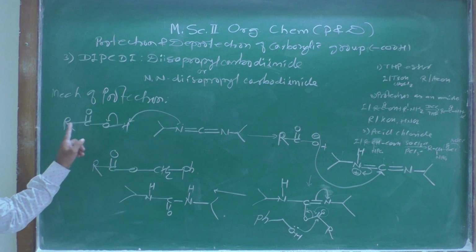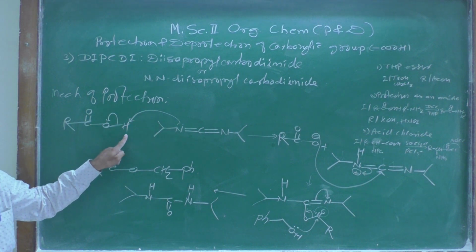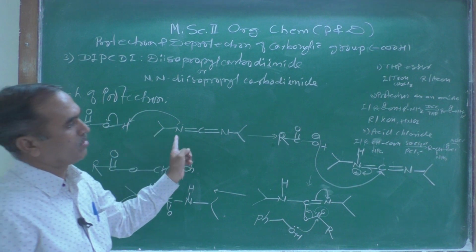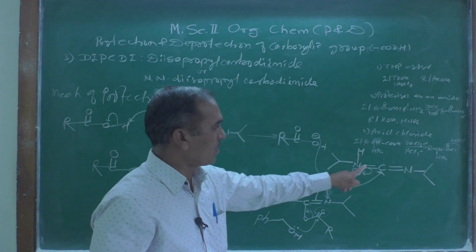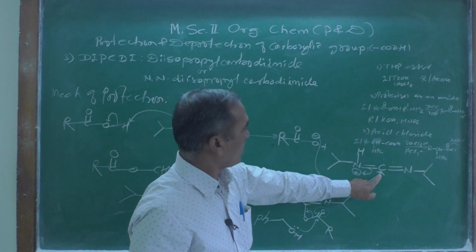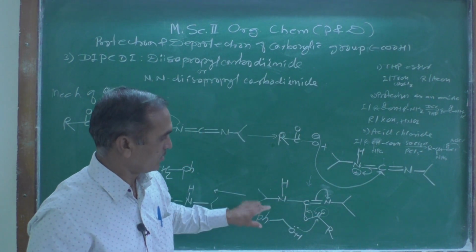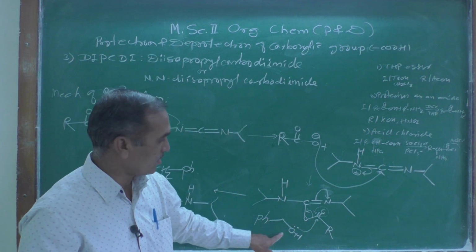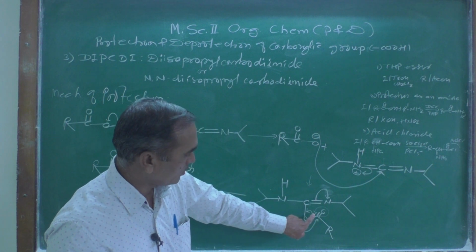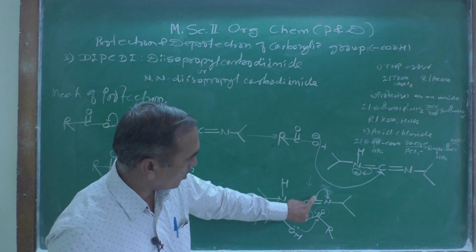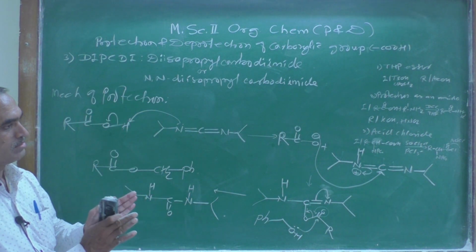Understood this one? Look carefully. The lone pair attacks this proton, and then a negative charge develops on that oxygen atom, and this negative charge attacks the middle carbon atom in the carbodiimide, neutralizing it, and you get this type of intermediate. Then the benzyl alcohol lone pair attacks that carbonyl group, the double bond revolves as it is, forming a double bond, and H is there, so you get this type of reaction.